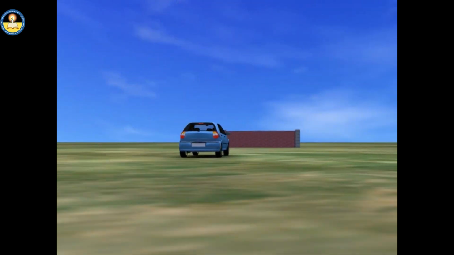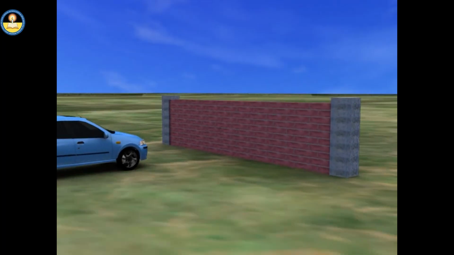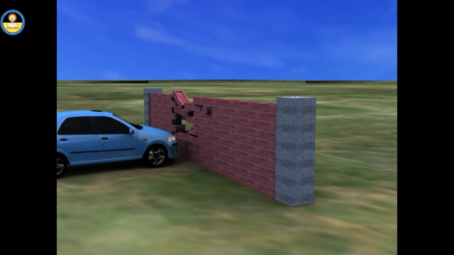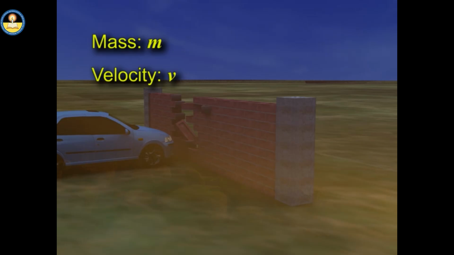The kinetic energy of a moving body can be measured by the amount of work that the moving body can perform before coming to rest. Let us consider a body of mass m moving with velocity v, and its motion is opposed by a constant force F.